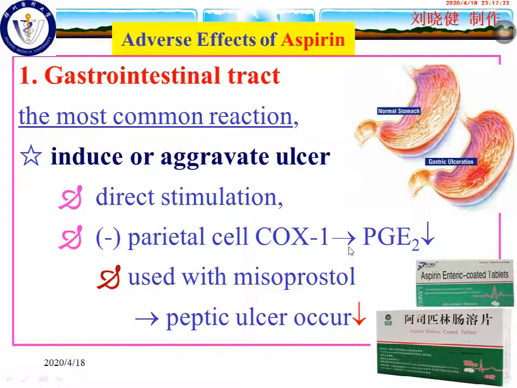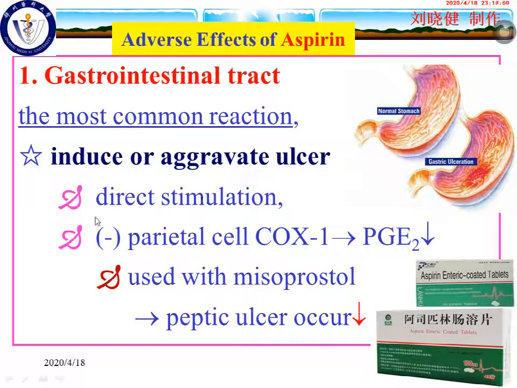So once PGE2 production is inhibited, the protective function for the stomach mucosa is also reduced by aspirin. So sometimes it is necessary to suggest the patients to use aspirin with misoprostol. Misoprostol is an analog of prostaglandins, which tries to prevent peptic ulcer.